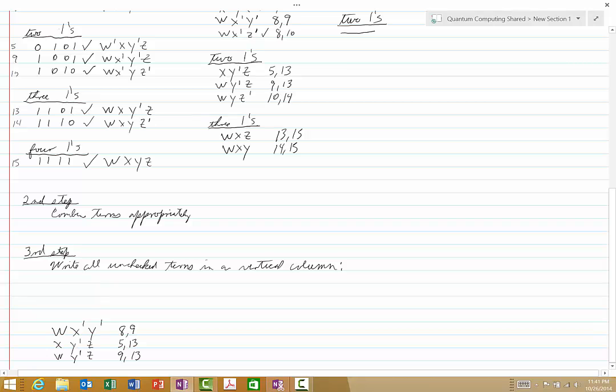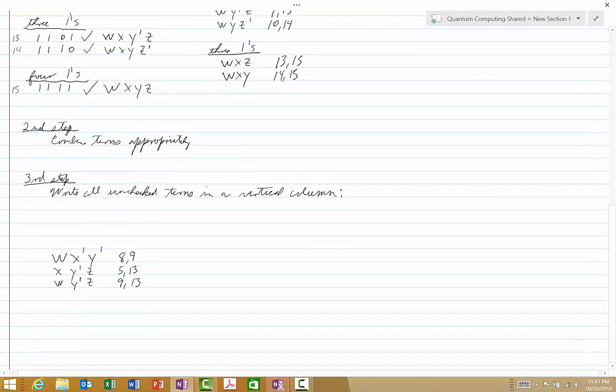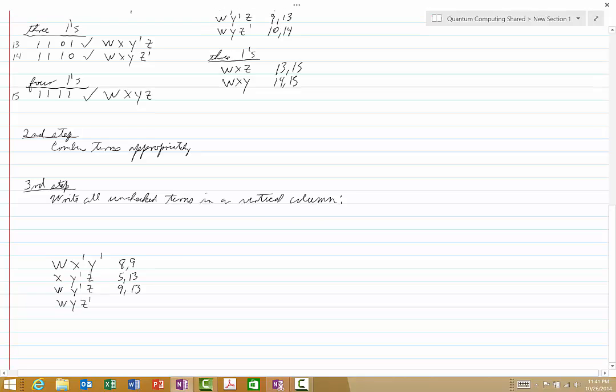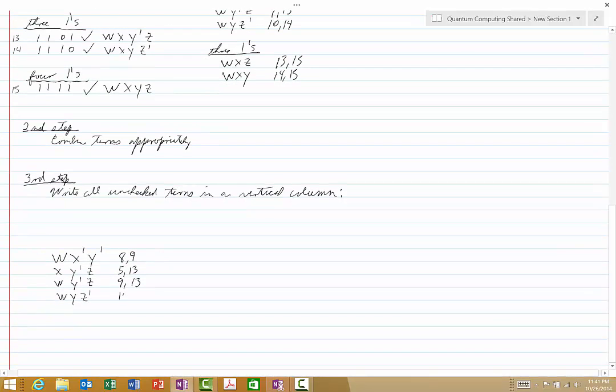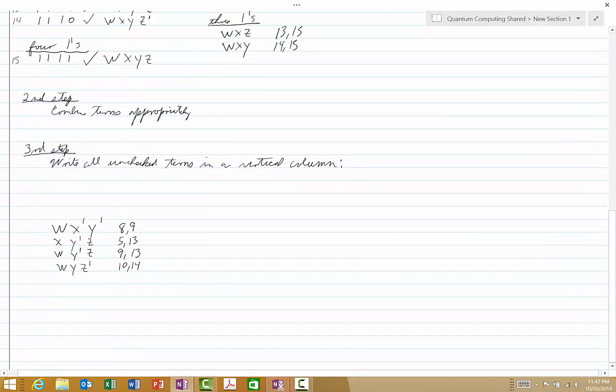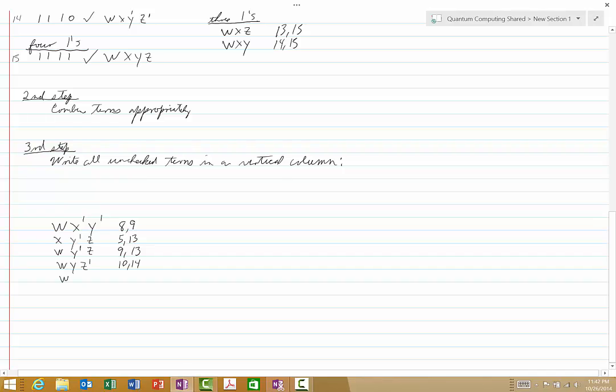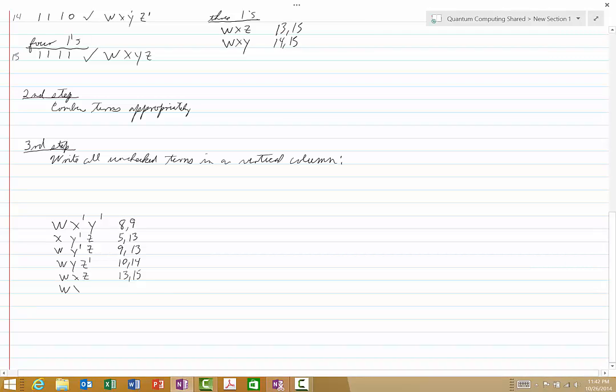The next one is W, Y, Z prime, and that's 10, 14. The next one is WXZ, which is 13, 15. The next one is WXY, which is 14, 15.